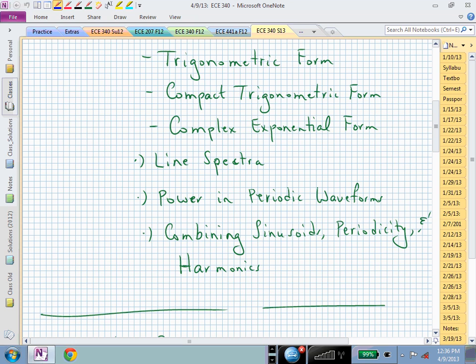And we'll then talk about the line spectra. Those are usually associated with the last two Fourier series, the compact trigonometric form, magnitude and angle, and the complex exponential. Now we have a two-sided spectrum, but we still are looking at magnitude and angle. The magnitude should be even, and the angle will be odd relative to the positive and negative frequencies in your complex exponential form.